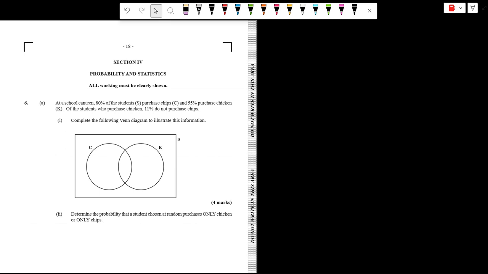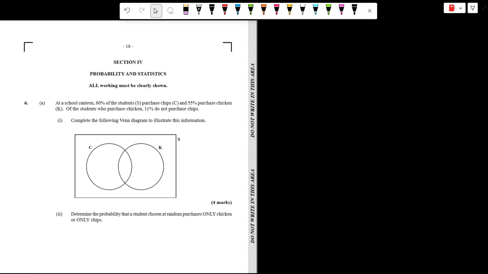Now, when we add up these numbers in these circles, what do we get? We have 36 plus 44 plus 11. Now we know 36 plus 44 gives us 80. 80 plus 11 equals 91. So basically, 91% of the students at the school buy either chicken or chips.